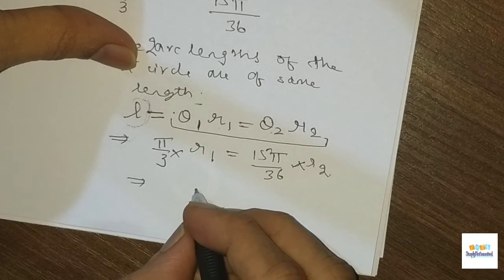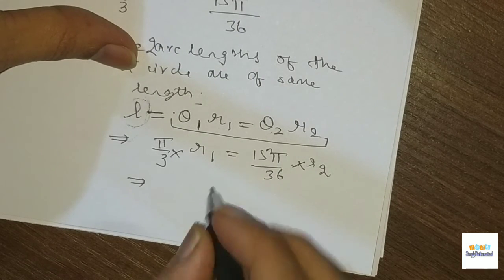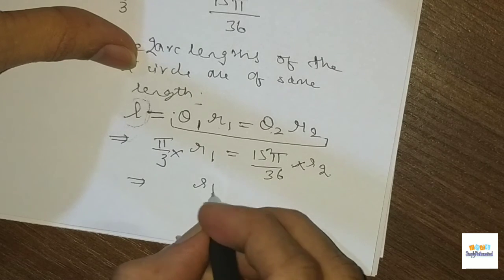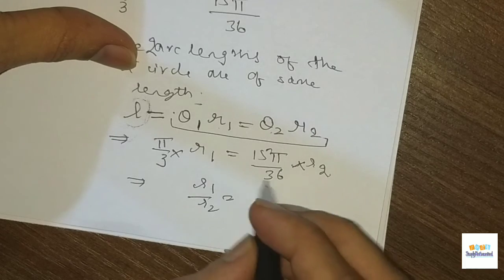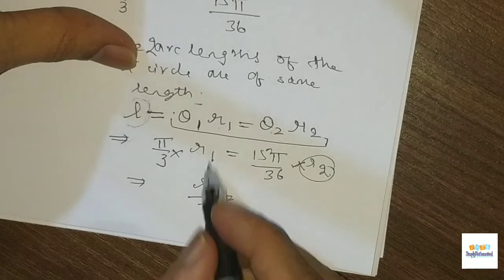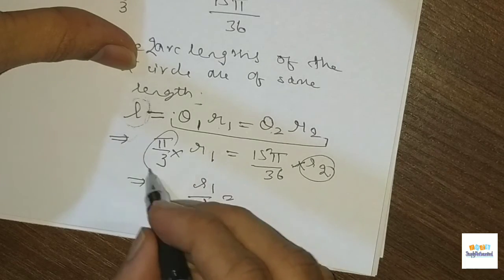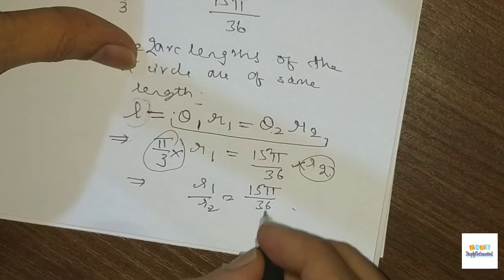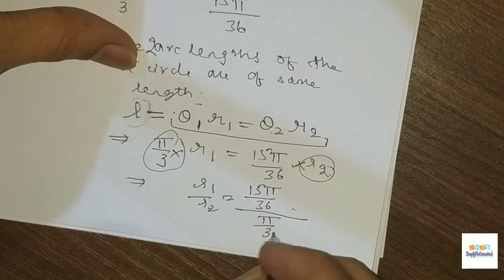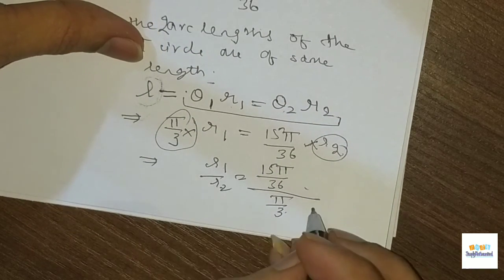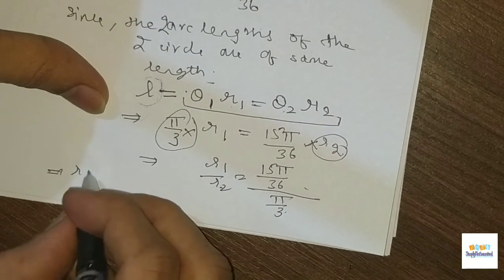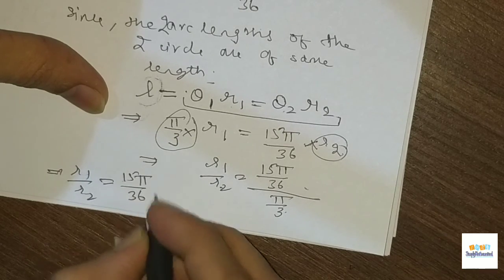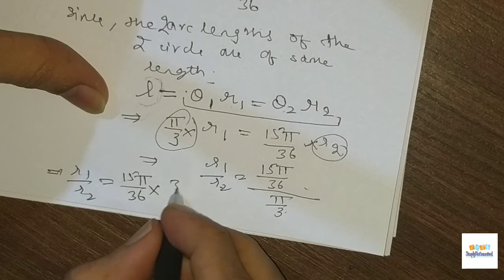Now if we want to find the ratio, what will we do? Just take R1 by R2: take R2 to the other side, and take pi by 3 to this side, so you get R1 by R2 equal to 15 pi by 36 divided by pi by 3. That is 15 pi by 36 multiplied by 3 by pi.